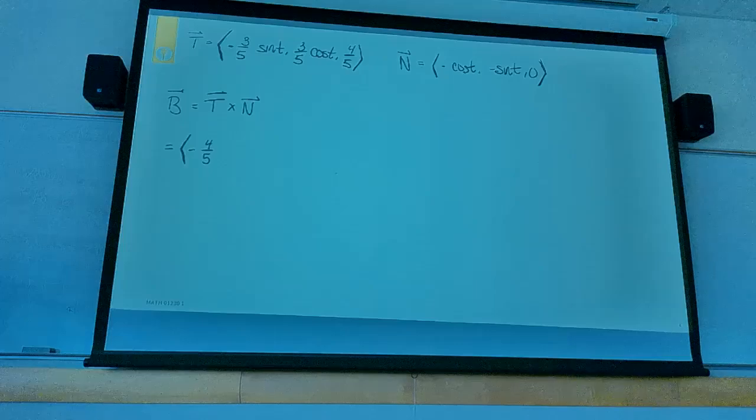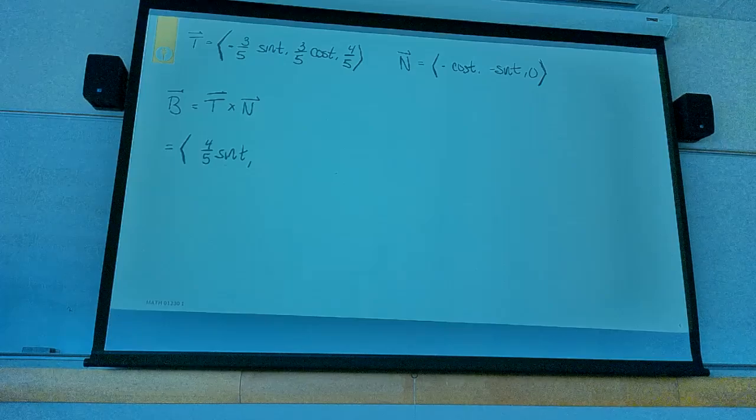Negative 4/5. That'd be 0 minus negative 4/5 sine of t. And so 4/5 sine of t. Next one, 0 minus negative 4/5 cosine t, and then the negative of that. Those two components were fairly simple.